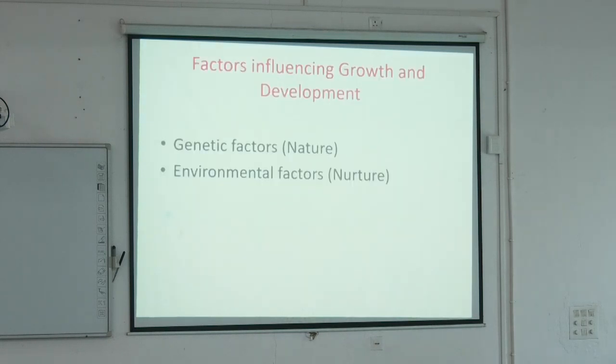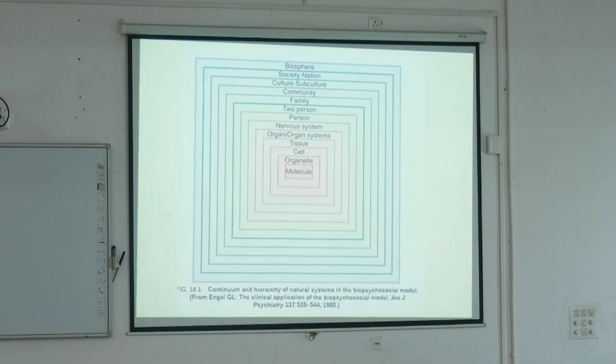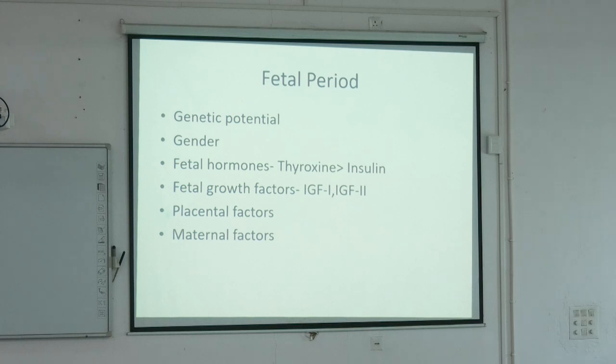So the factors influencing growth are genetic, that is nature, and environmental factors. The most important hormone in fetal growth is thyroxine. In the postnatal period, the most common hormone is growth hormone.